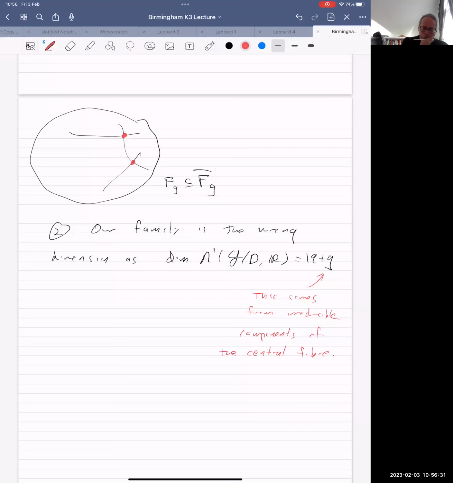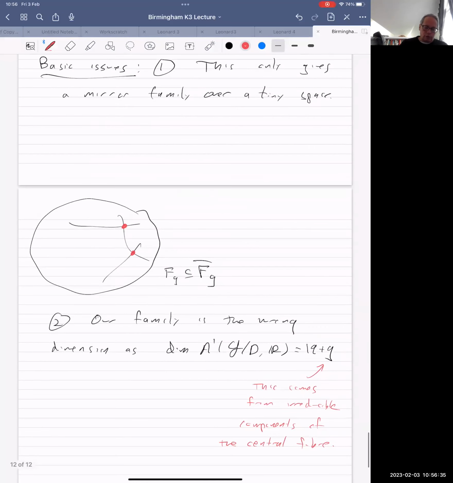So both of these are problems and means that we can't use this mirror construction just out of the box. We're getting families that are too big a dimension, but are too small a piece of the actual moduli space. Too big and too small.